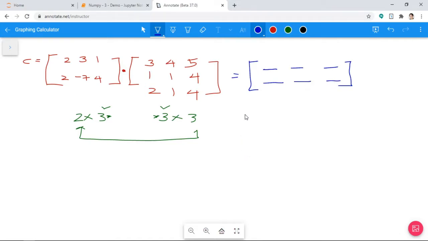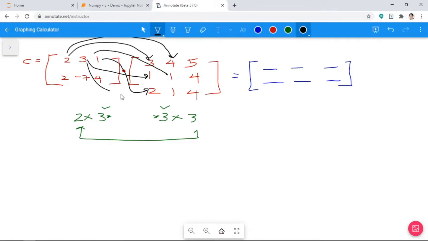Okay, so let's try to compute. Let me have the black one. You multiply this one with this one, so 3 by this one, 1 by this one. Another one, 2 times 4, then 3 times 1. Let me undo that.